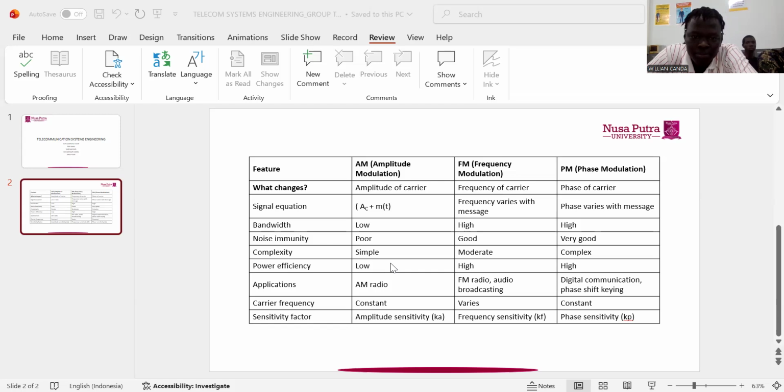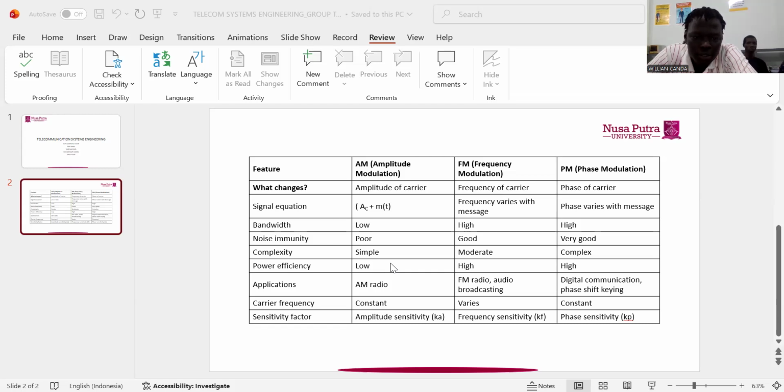Application: AM radio is under AM, then FM radio broadcasting, and digital communication, phase shift keying, under PM. The carrier frequency is constant under AM, varies under FM, then constant under PM.